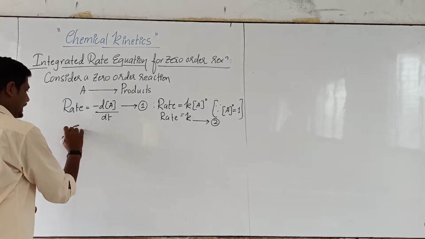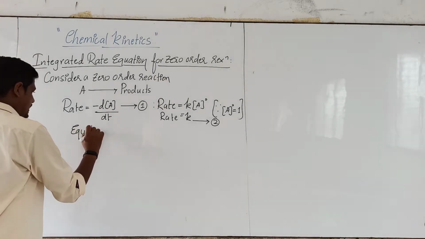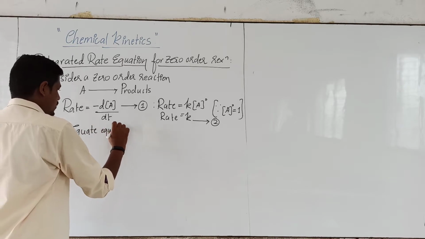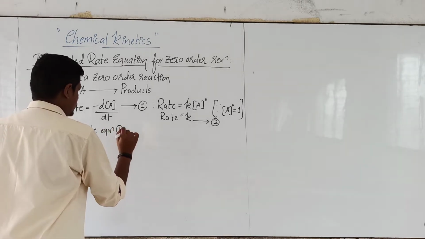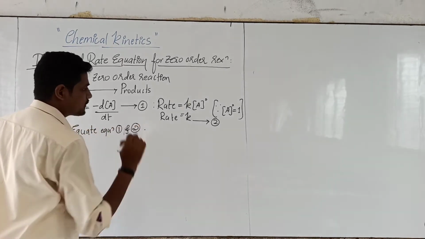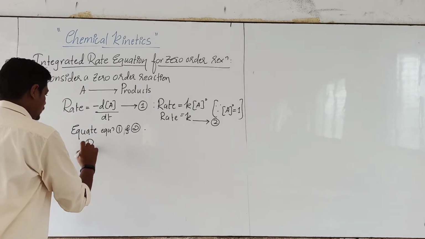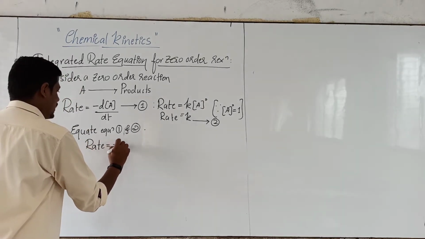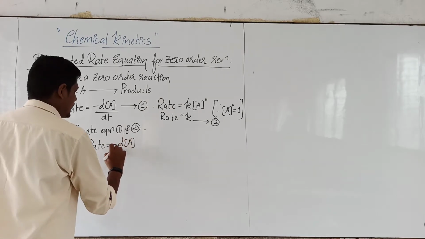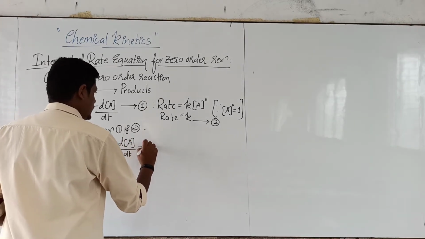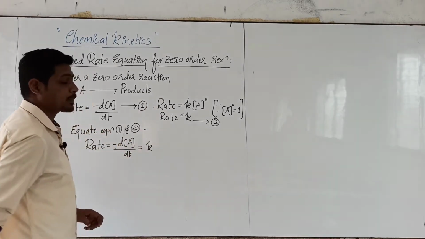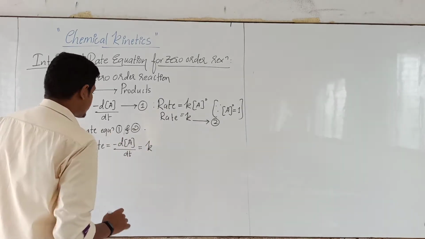Now equate equation 1 and 2. So what you will get? Rate is equal to minus dA upon dt is equal to k. Now I will rearrange the terms.